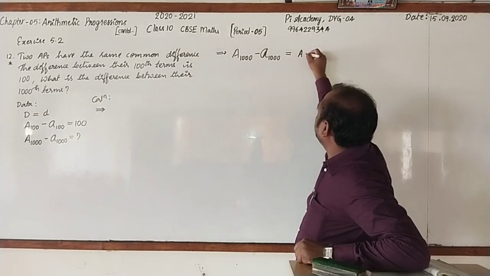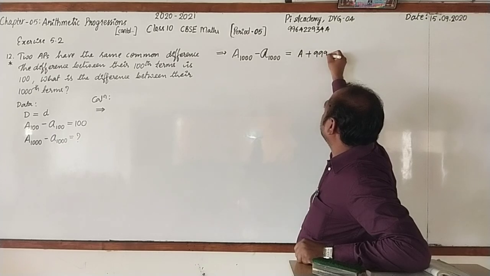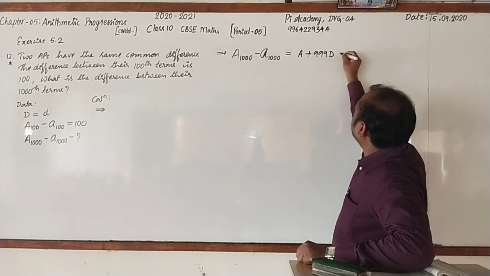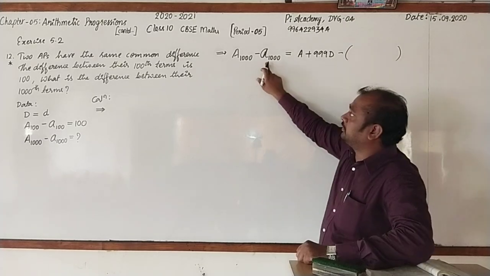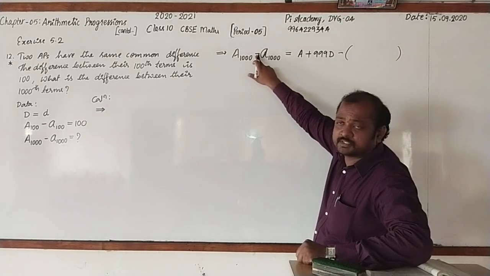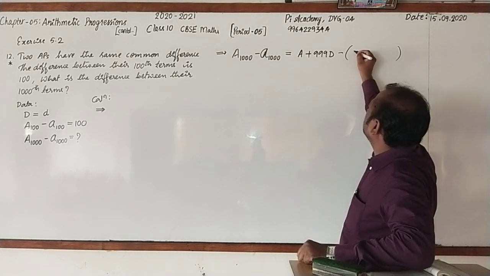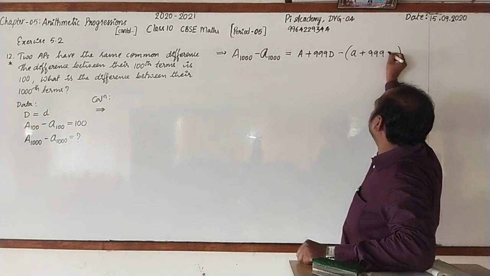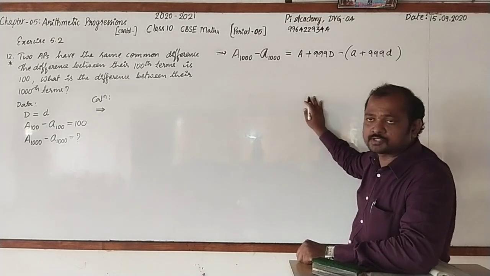Here I will write A plus 999D. Followed? Minus of, it's very important. Small a1000 should be written inside the bracket because here is minus. Small a1000, it is a plus 999d. Hope that you have understood.